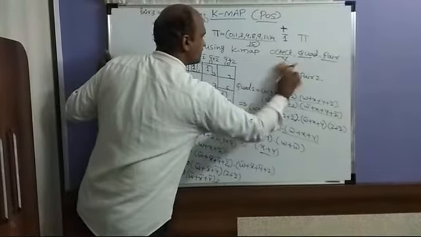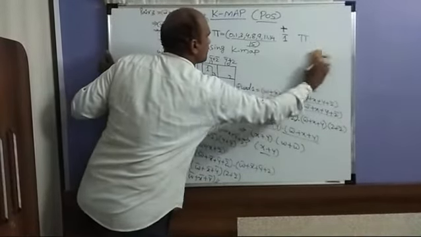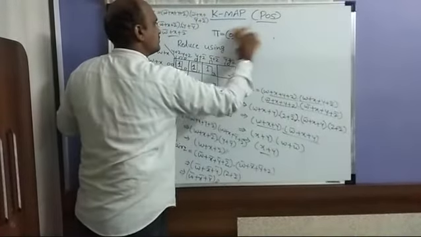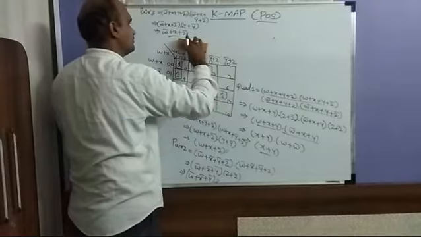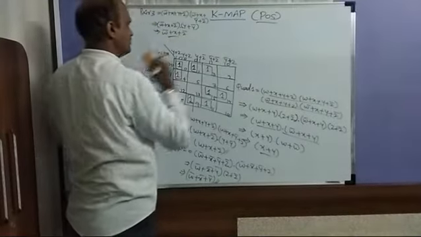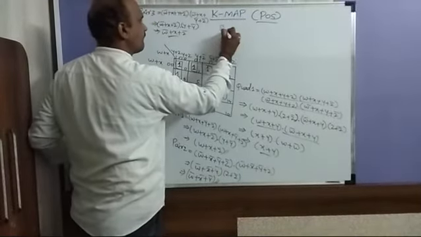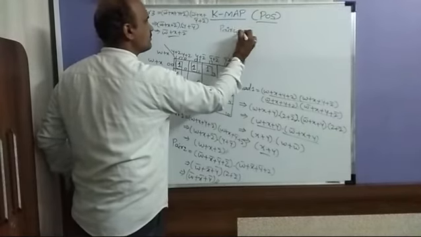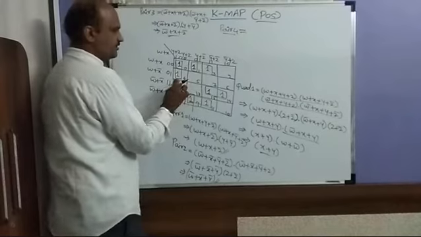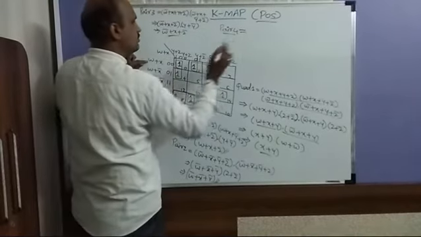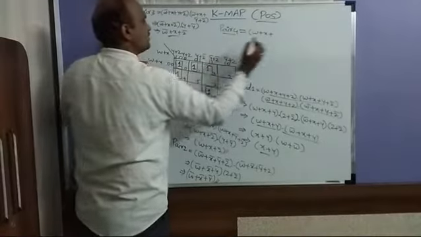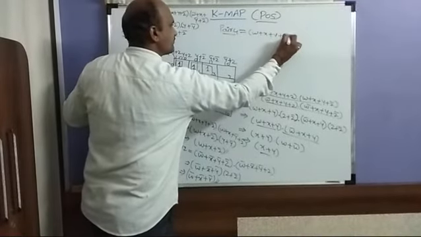Okay, write it here. First again you should have pair 4. So what is pair 4? Pair 4 will be 0 and 4. So w plus x plus 0, that is y plus z.